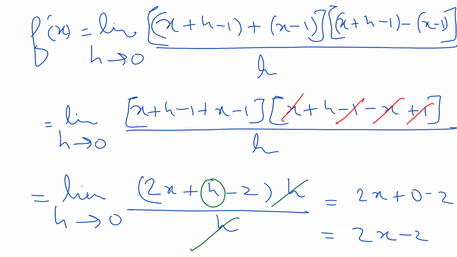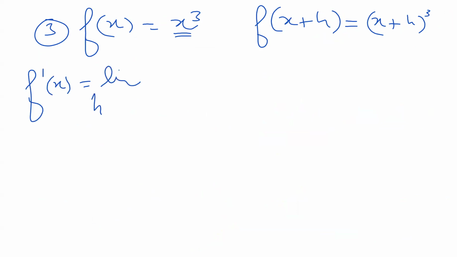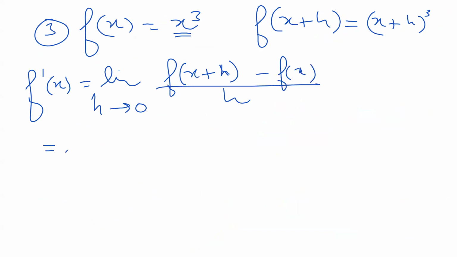Let's go to the third problem. Question number 3. f of x is equal to x cube. As per the methodology, what is f of x plus h? f of x plus h will be x plus h the whole cube. Now using first principle, f dash x is equal to limit h approaching 0, f of x plus h minus f of x upon h.